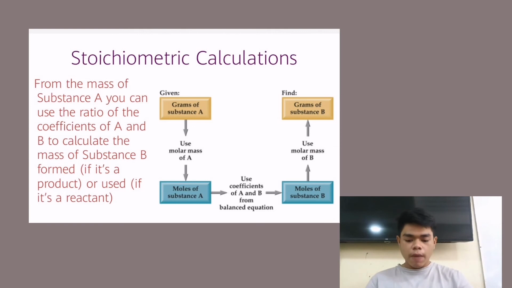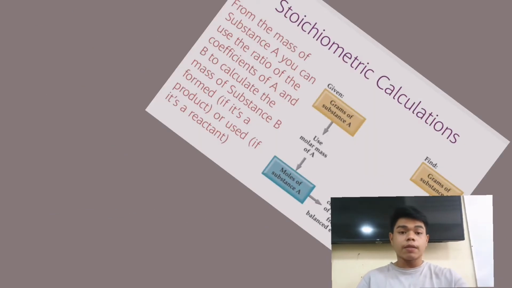From the mass of substance A, you can use the ratio of the coefficients of A and B to calculate the mass of substance B, if it is a product, or use it if it is a reactant.